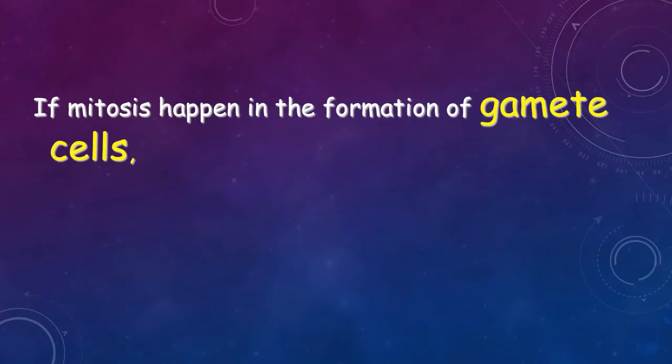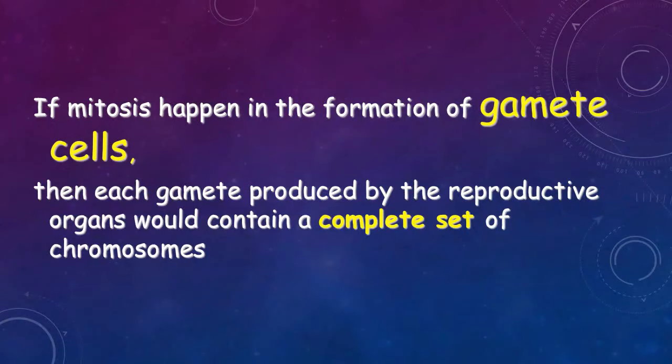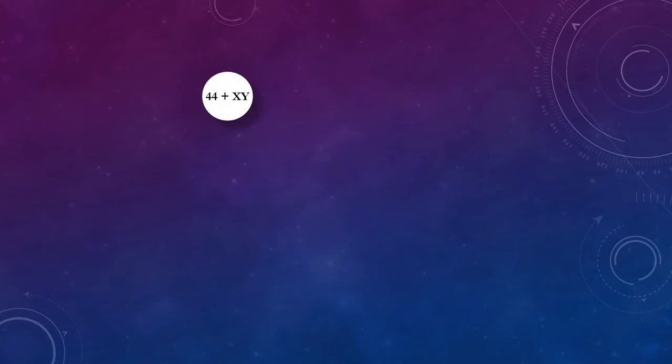So class, have you ever wondered what would happen if mitosis happened in the formation of gamete cells? Well done. Then each gamete produced by the reproductive organs would contain a complete set of chromosomes. We look at this example. A male has a chromosomal number of 44 plus XY, female 44 plus XX.